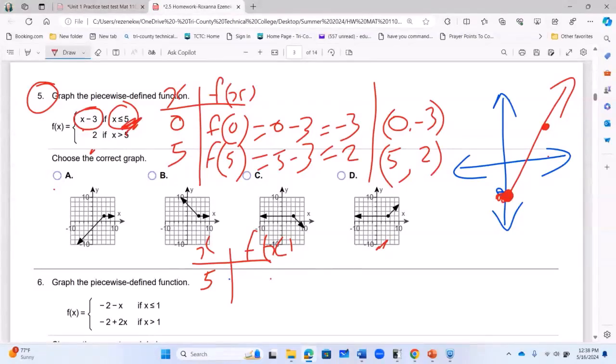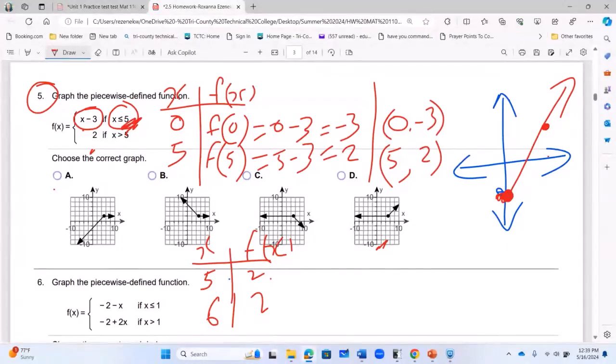If I put 2 here, I'll know this is open. But I can put 2 here so that I can show you. 6. It's going to be 2 because it's a constant. So when it is 5, it is 2.